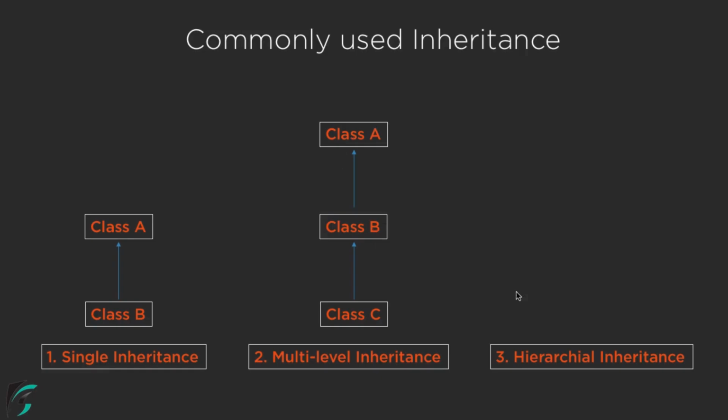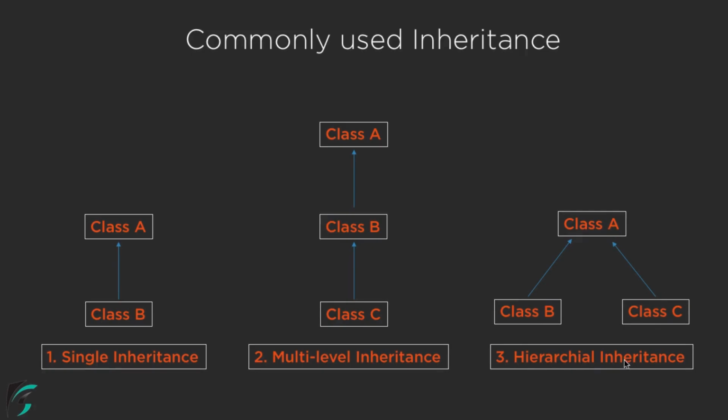Now in case of hierarchical inheritance, we have suppose class B and class C and both of them inherit the properties of the class A. And this is the same example like we saw in our previous slide of dog and cat example, where class B was dog and here we have cat and on the top we have animal. So this is known as hierarchical inheritance.